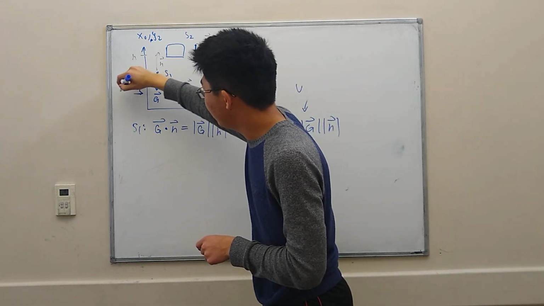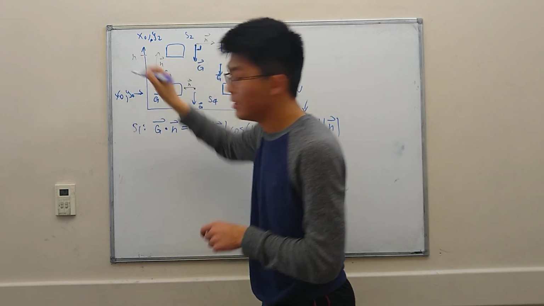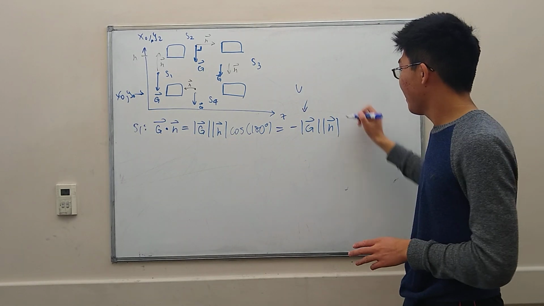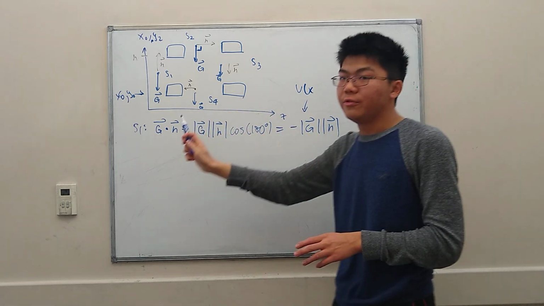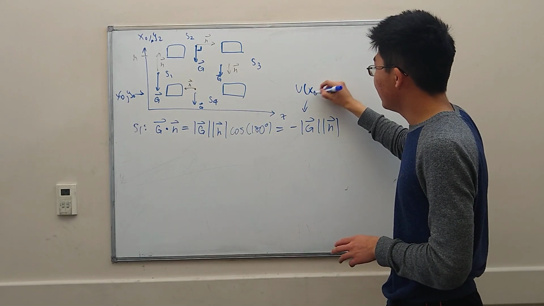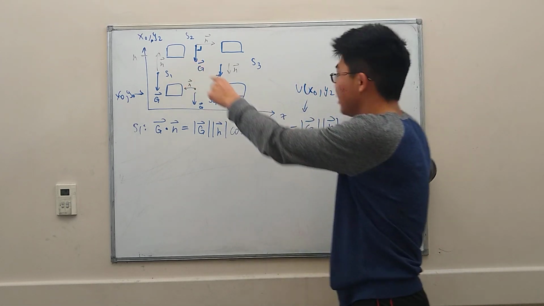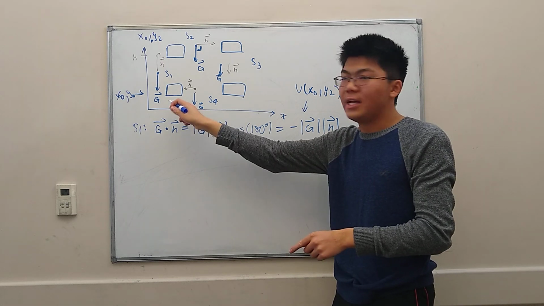And our original point is x0, y0. So the 0 just means a naught. In this case, let's say the object moves upward. That means our potential energy at this point right here is greater than the potential energy right here.